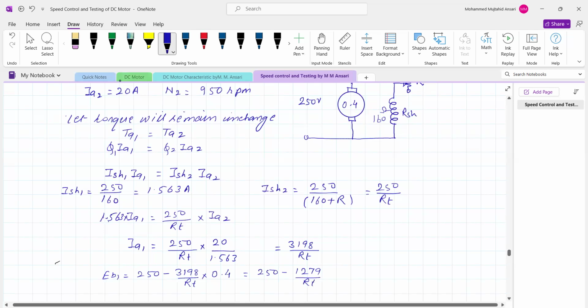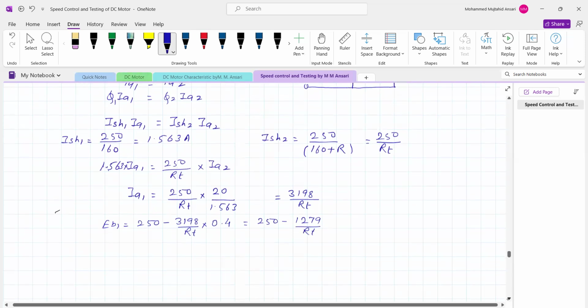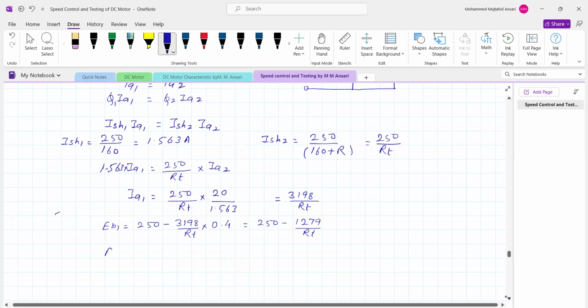This is the back EMF in terms of unknown resistance RT. Now back EMF 1 in the first case is 250 minus 20 into 0.4, which is equal to 242 volt.